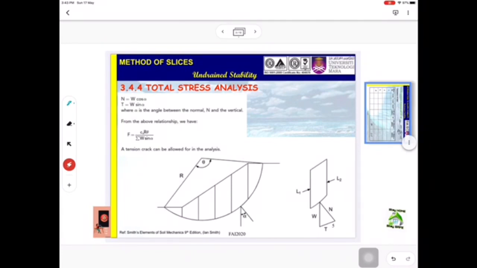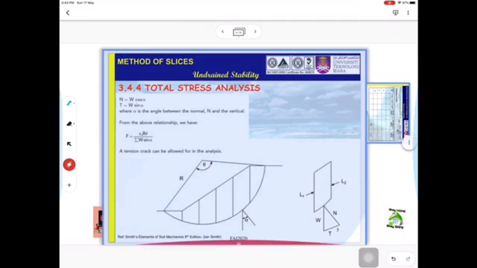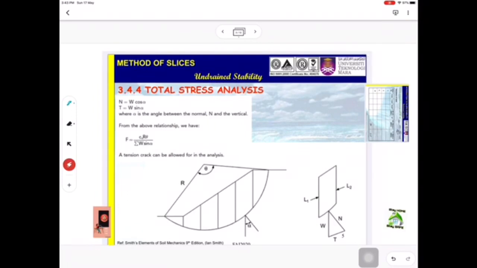So if we look here, we have cos alpha, sin alpha. Okay, so we'll have phi u equals to 0.